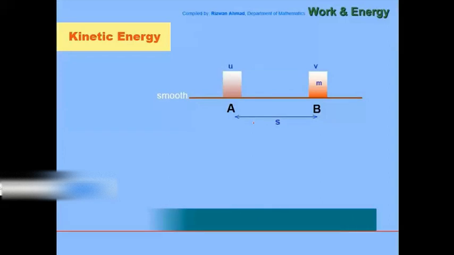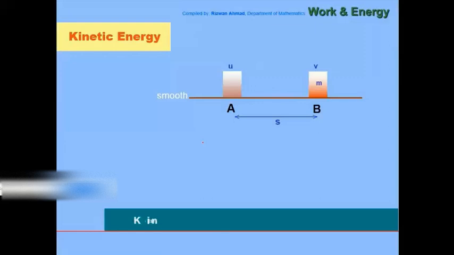It is moved to some other point. At this point its speed was u meters per second, and when it is moved to this position its speed is v meters per second. So the speed has changed, which means there will be different kinetic energy at these two points.